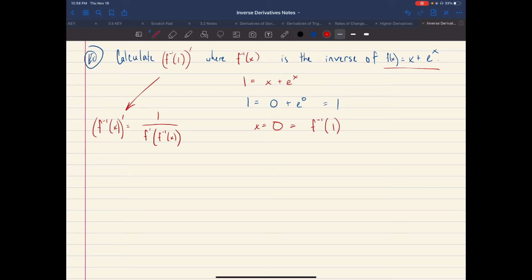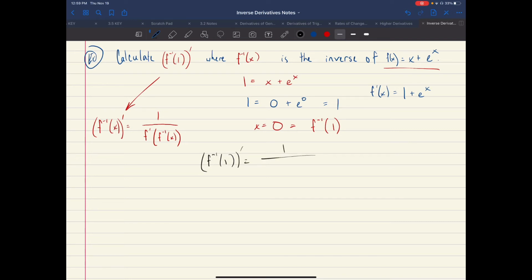So now what we have to do is take the derivative. So I'm going to say f prime of x equals 1 plus e to the x. And now we have most of what we need. So if I go ahead and go into the solving stage, we need f inverse of 1 prime, and then we just plug everything in.